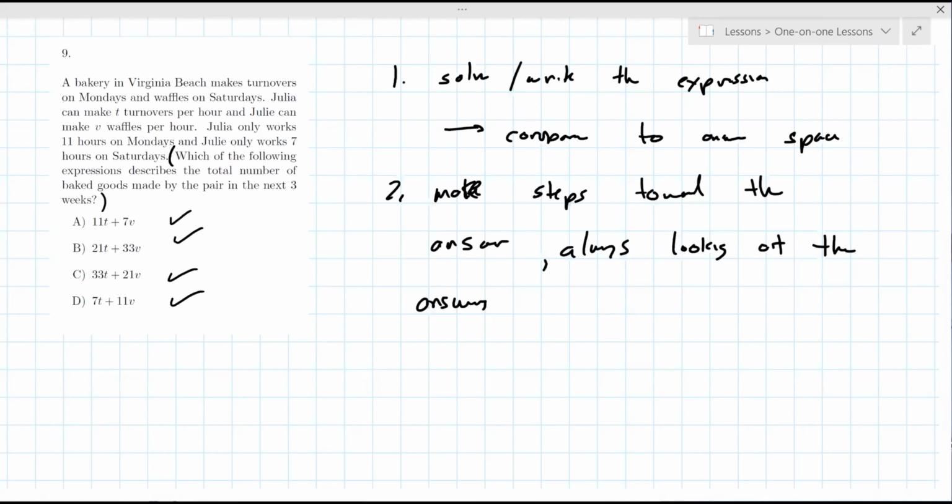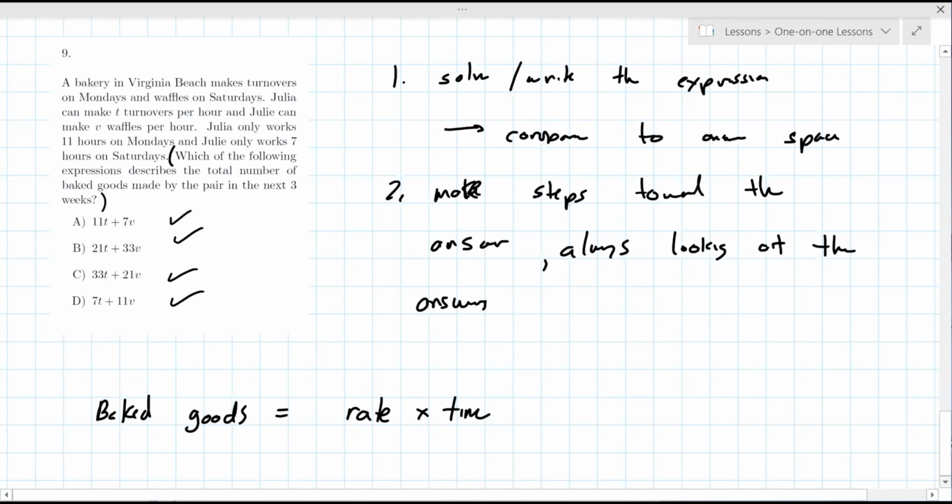This is another example of something you might see in questions where the names are very similar. They also do this with letters as well, but that's intentional. Julia is a different person than Julie, working in different places. So the number of baked goods is equal to the rate times the time.